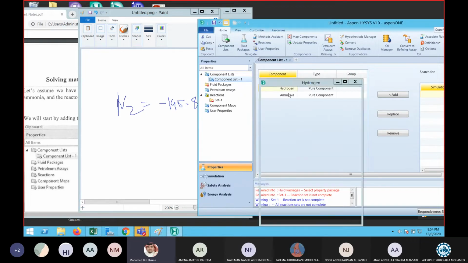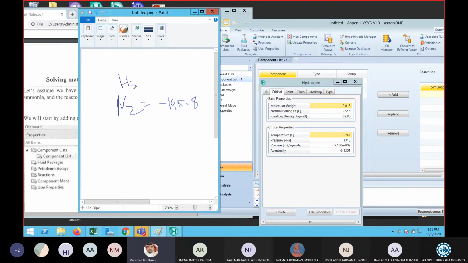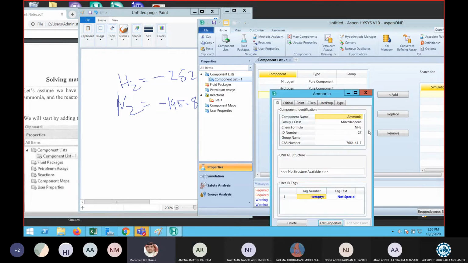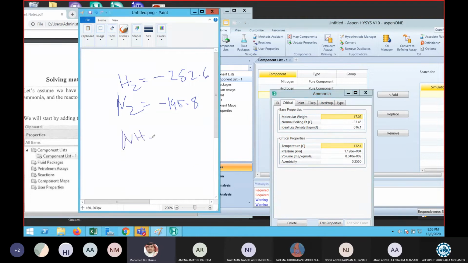Hydrogen is minus 252.6. And ammonia, NH3, is minus 33.45.